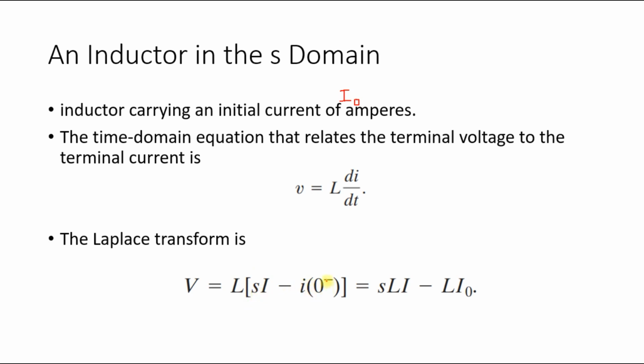Here I put I of 0 minus, because in transient response I of 0 is equal to I of 0 minus. So it is equal to SL into I minus L into I naught. Here I of 0 is my initial current, which is equal to I naught. So this is my final equation for the voltage of the inductor in the frequency domain.